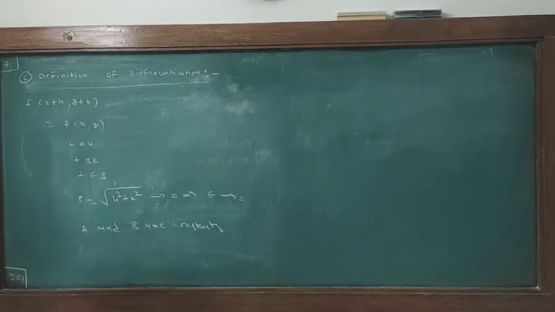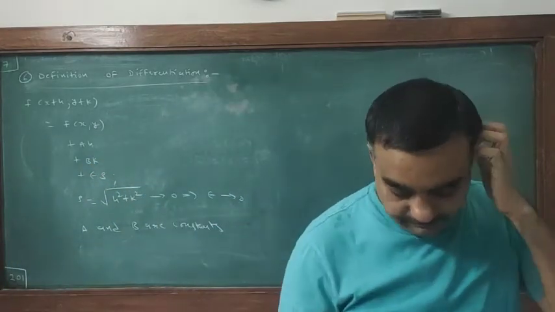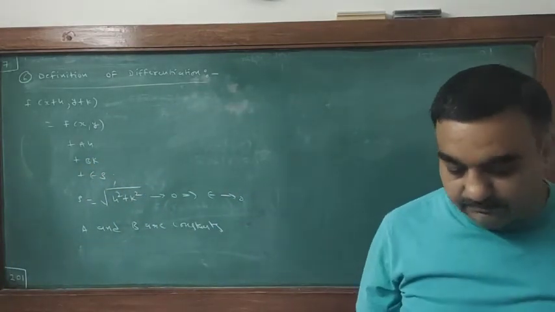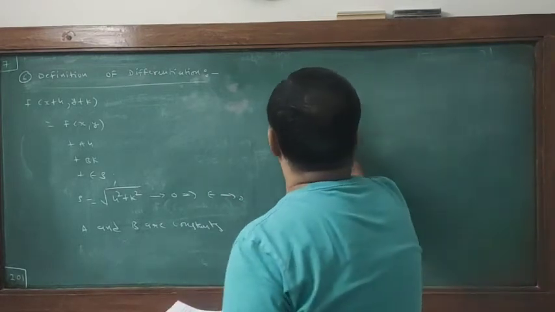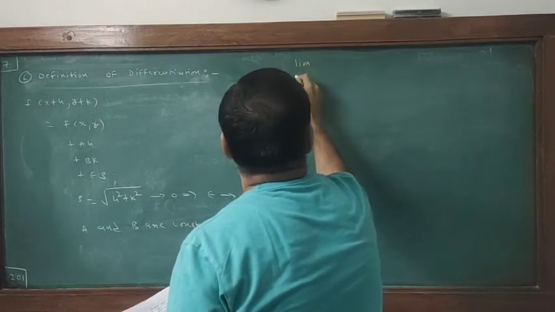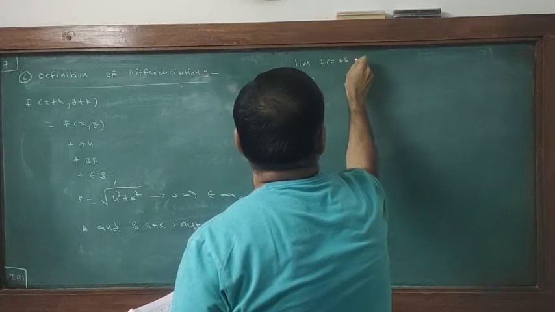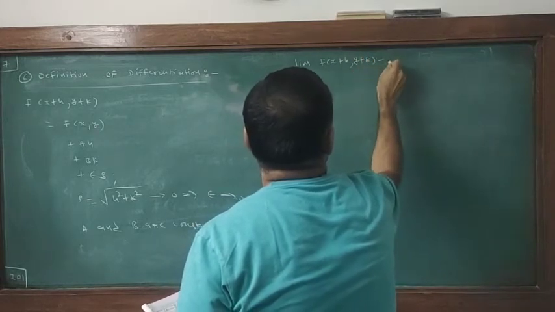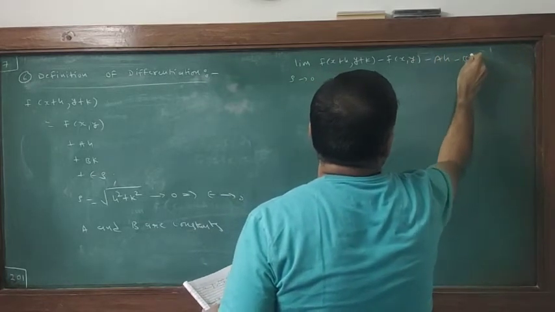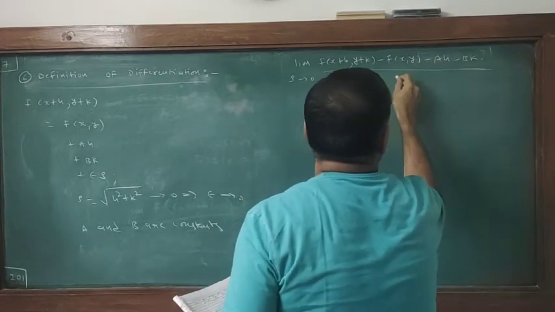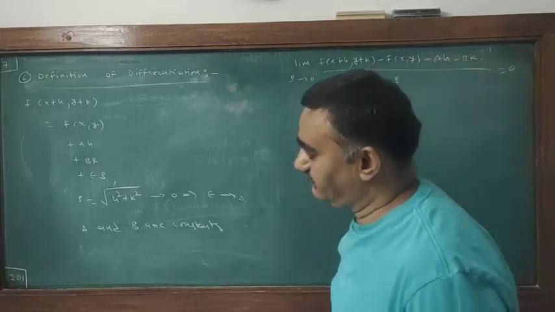Just see that. Or one way you can write: the limit as rho tends to 0 of f of (x plus h, y plus k) minus f of (x, y) minus a h minus b k, upon rho, and this is the value of epsilon, and therefore this is equal to 0.